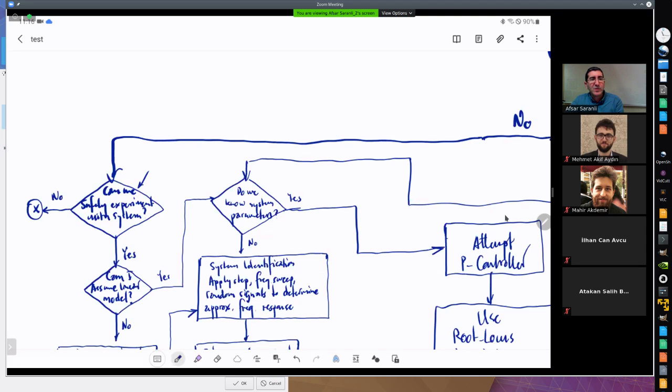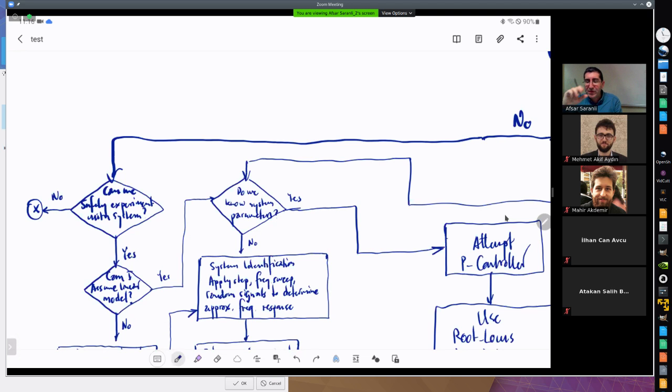Can we safely experiment with this system? If the answer is no, that means there is nothing you can do in order to design a controller for this system. Okay, so that is a kind of a dead end at this point. But if you can actually experiment with this system, okay, then there are still things that you can do.